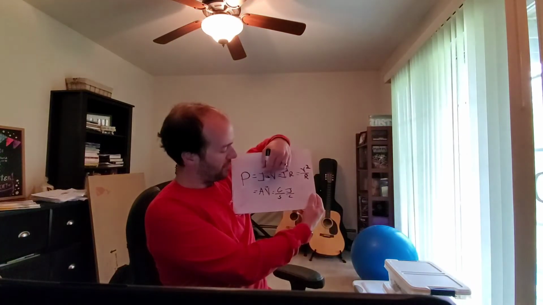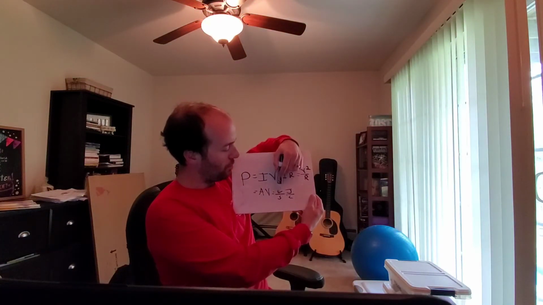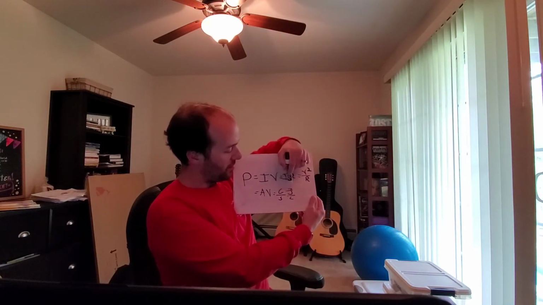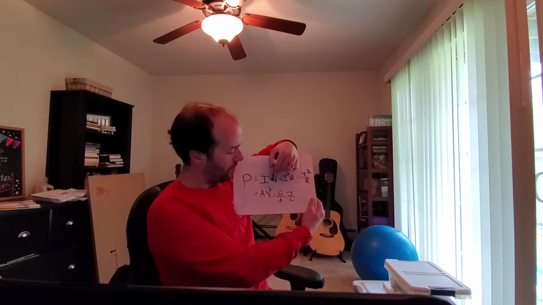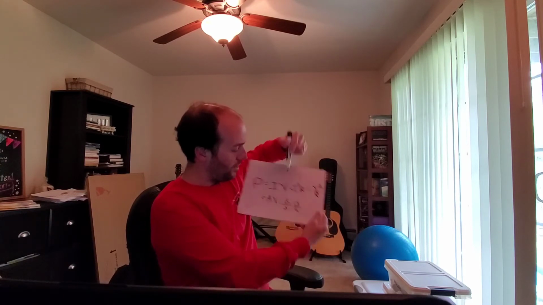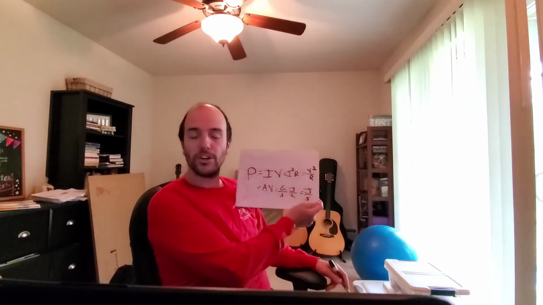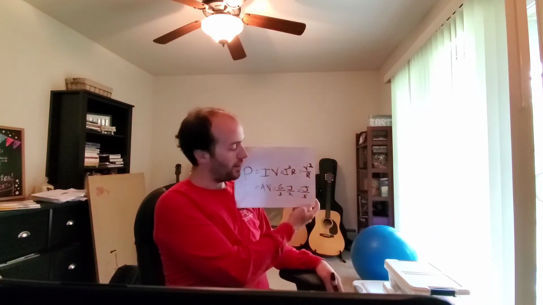So amps times volts equals coulombs per second times joules per coulomb. My coulombs cancel out, and I'm left with a joule per second, which, if you remember from mechanical power, is a watt. So it's still watts. Nothing new or groundbreaking there.